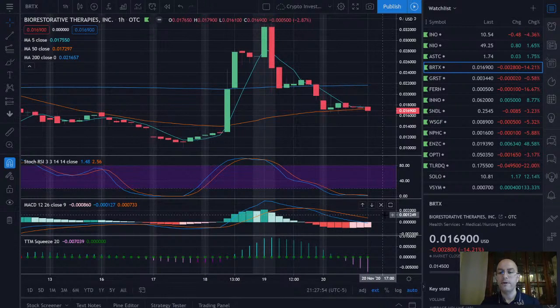And how do we confirm the convergence? Using the histograms. Notice when the MACD is close to the signal, the histograms are small. As you diverge away, the histograms become larger.